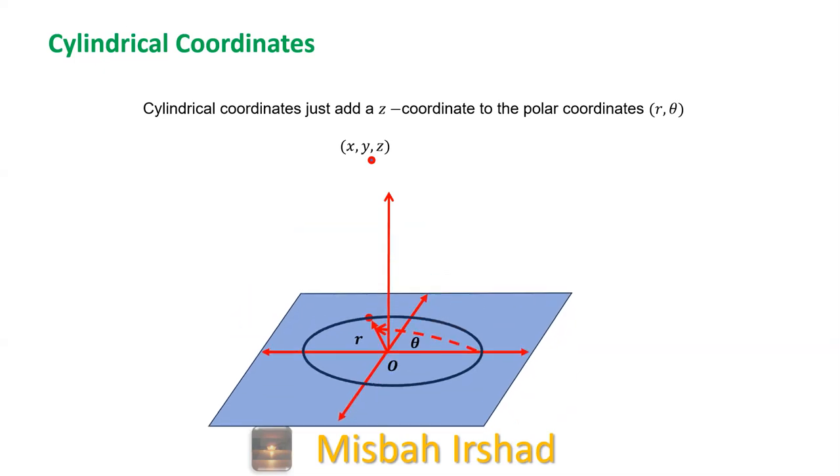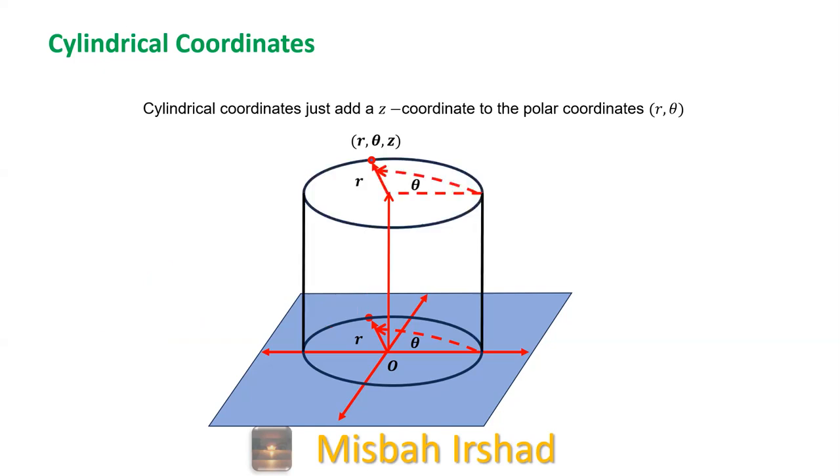So now you have this point at level 0, meaning the coordinates of this point are x, y, 0, right? And in polar coordinates, you can write x is equal to r cosine theta, y is equal to r sine theta. Now draw a cylinder with this circular base and height z.